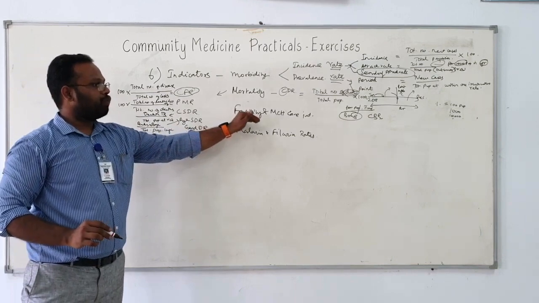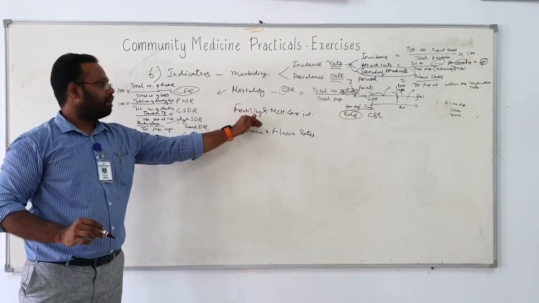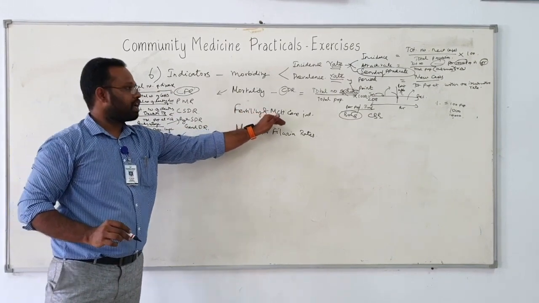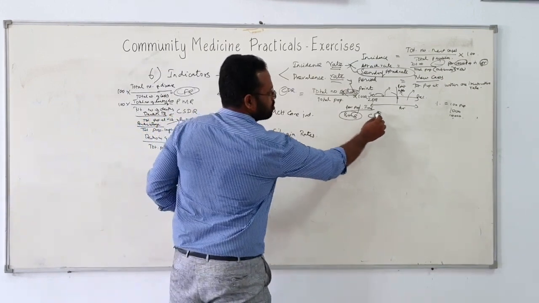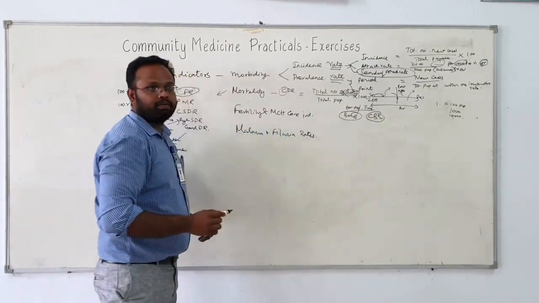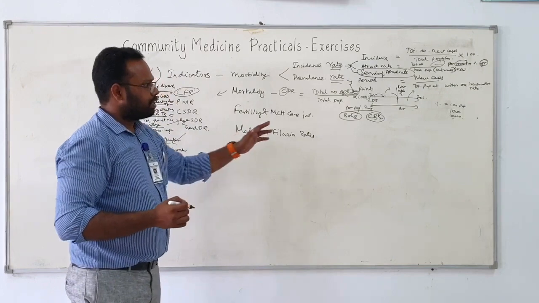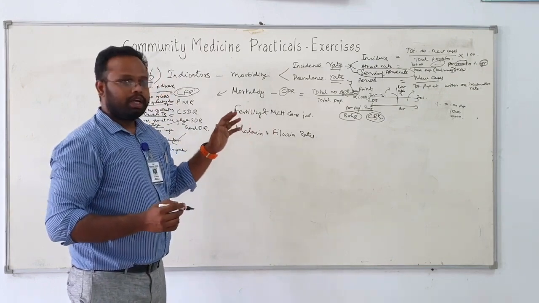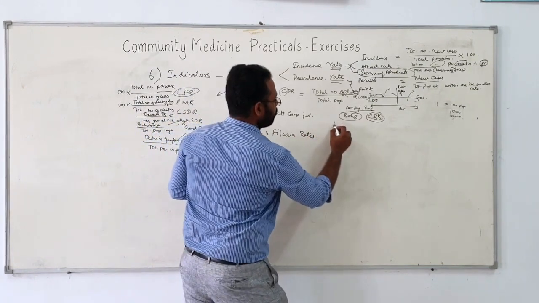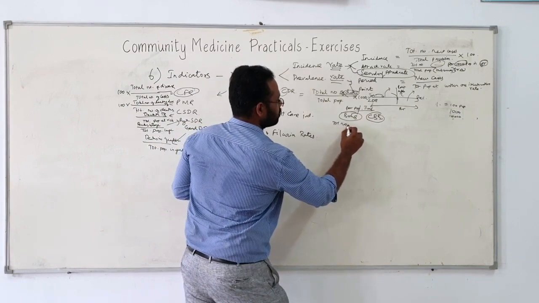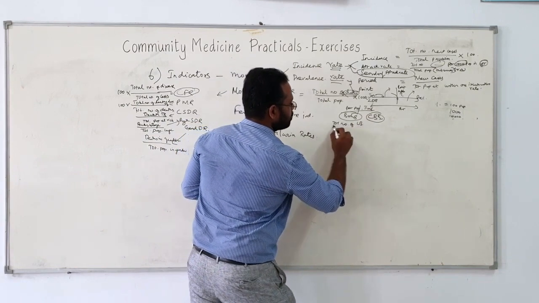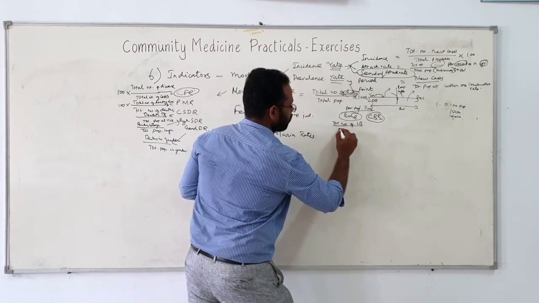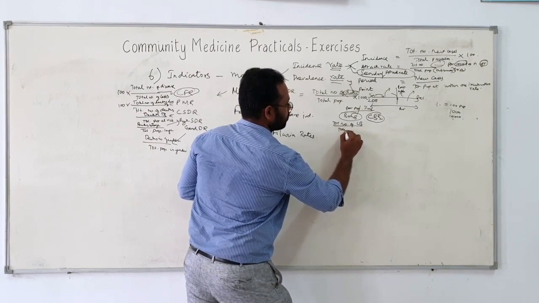From here we are moving to indicators of fertility and also the MCH gap. First and foremost is your CBR, that is crude birth rate. As the name indicates, it is crude. It is given by the formula: total number of live births divided by total population.